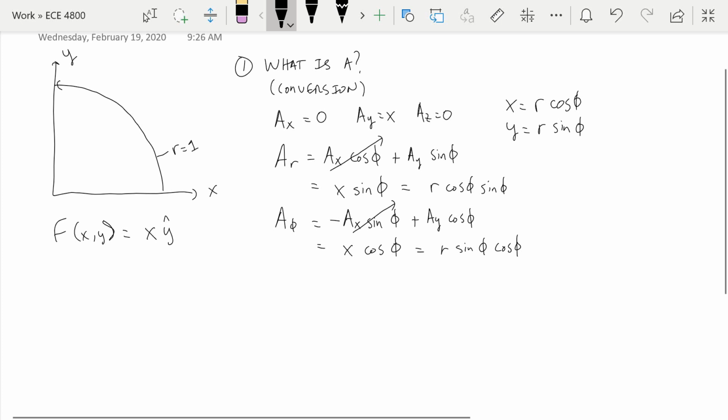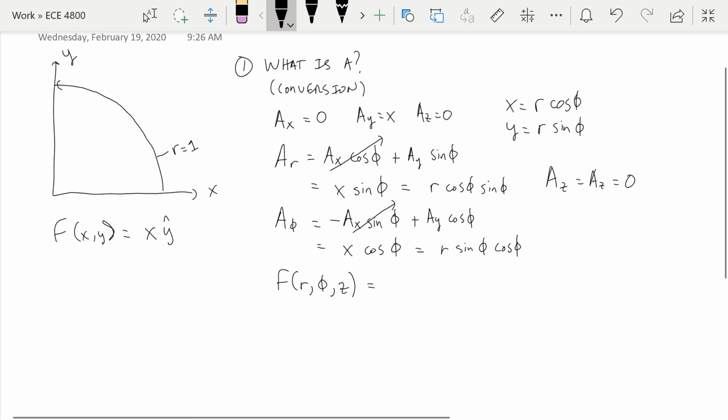So now we figured out our vector field. Our vector field F of r, phi, and z. The z component is 0, I'll just put that here to be explicit: AZ is equal to 0.